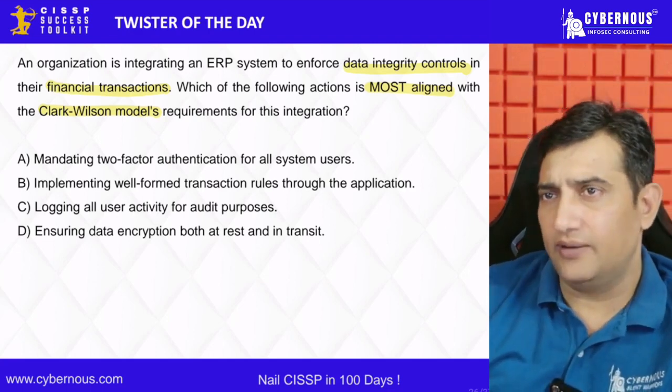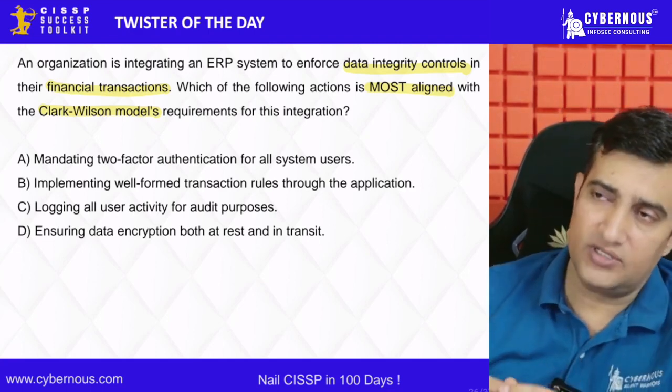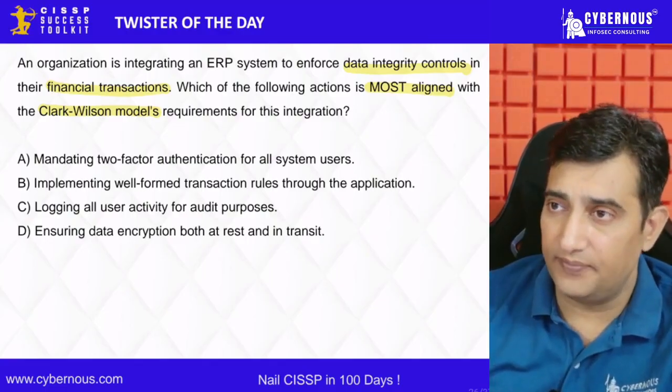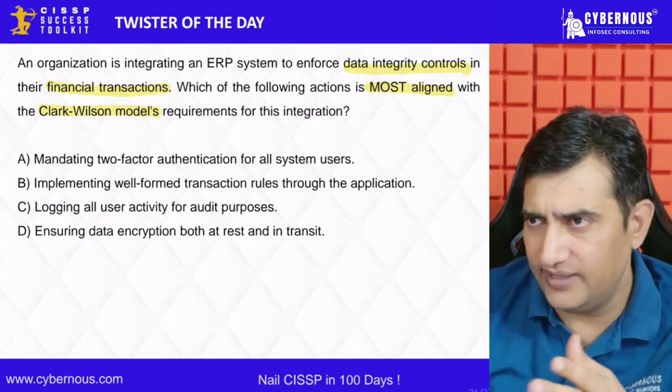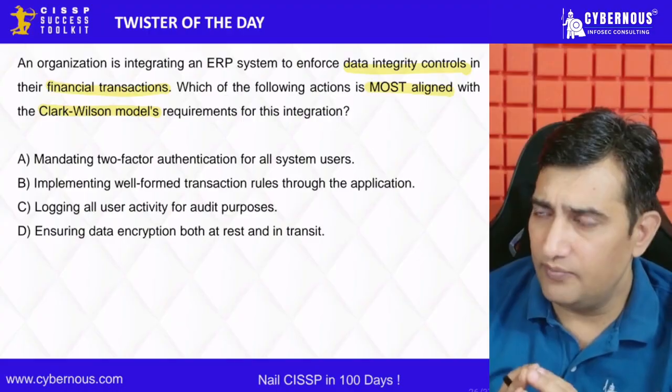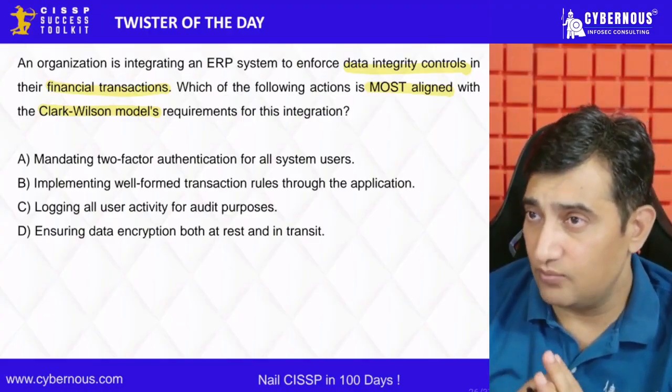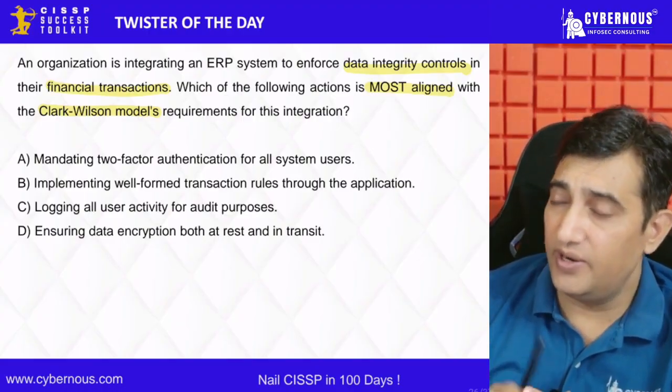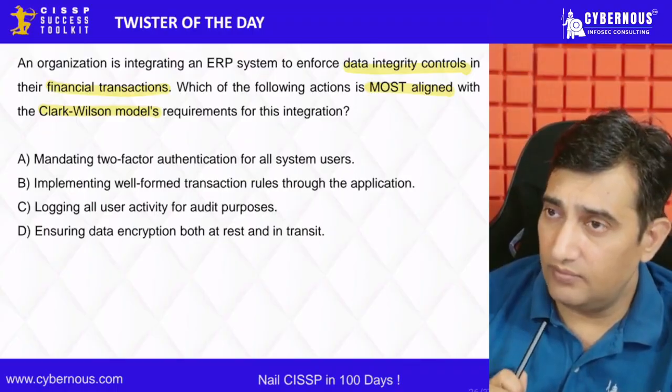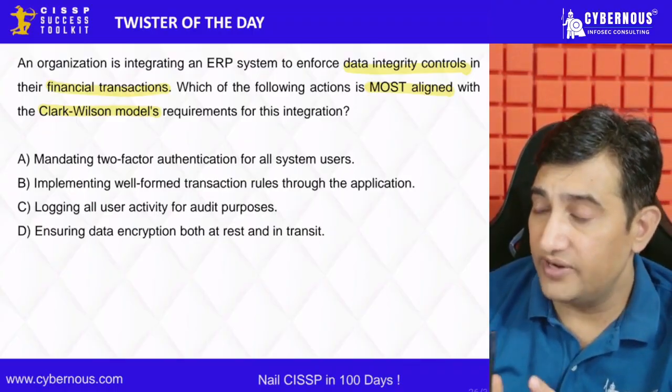Let's first understand what the Clark-Wilson model is. In domain 3, as part of objective 3.2, we discuss certain models, for example the Biba integrity model and the Bell-LaPadula confidentiality model.